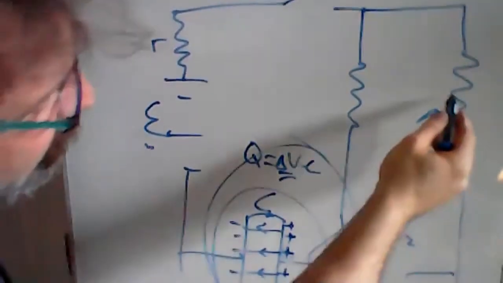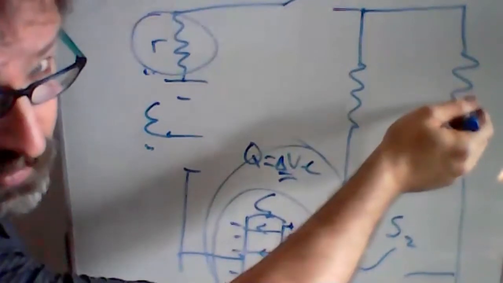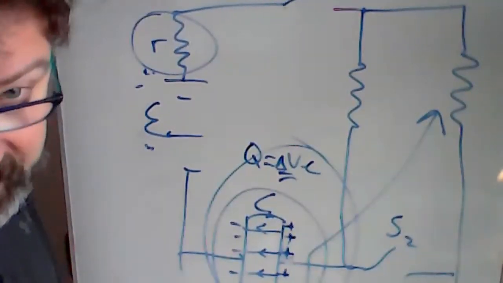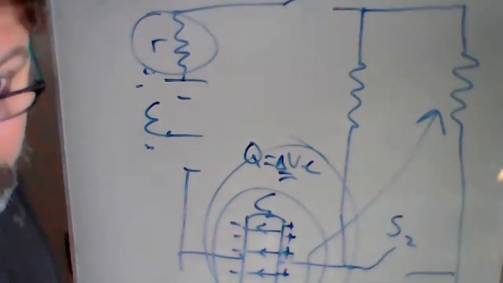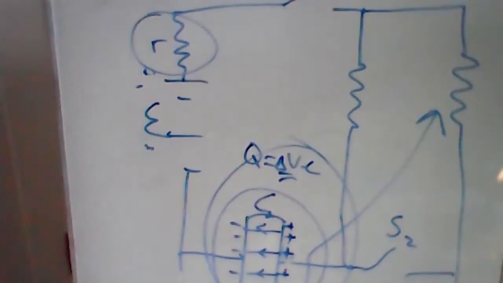So if we had moved it over here, there would be a small voltage drop over here, and then this capacitor over here would not have the full voltage drop. It would have like 9 volts or something, or 9.5 or something like that. Therefore, it would have less charge on it. I don't know if they asked that for part F, but if they're doing that, then that's a good question. I would like that. I don't know if they would, though. I don't think they're asking that.